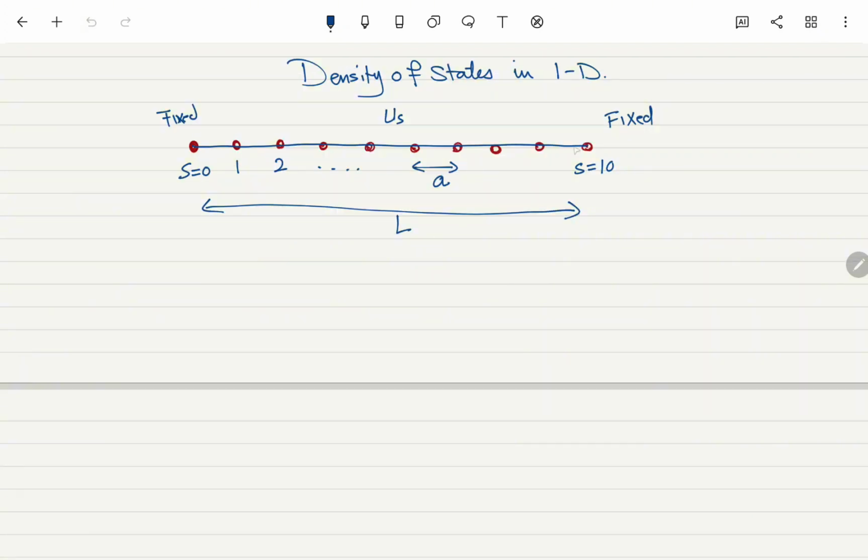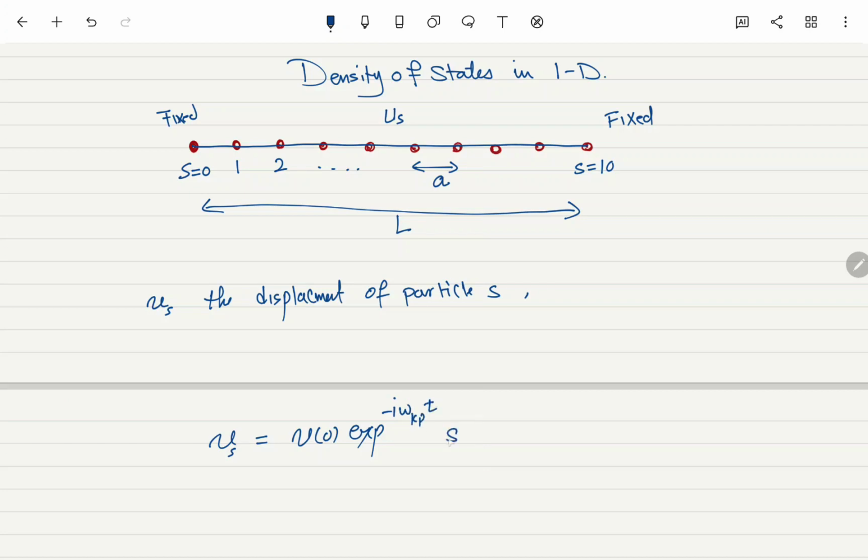Now from this one here, each normal vibrational mode of polarization p has the form of a standing wave. In such a way, u_s here is the displacement of particle s. Therefore, u_s is equal to u0 exponential minus i ω_kp t sine(s k a).